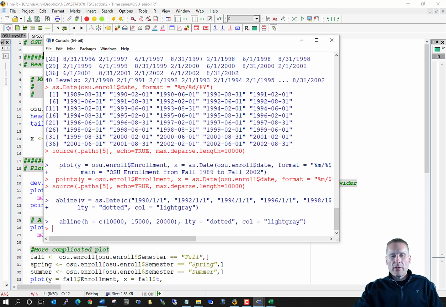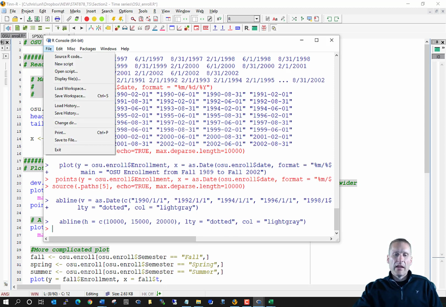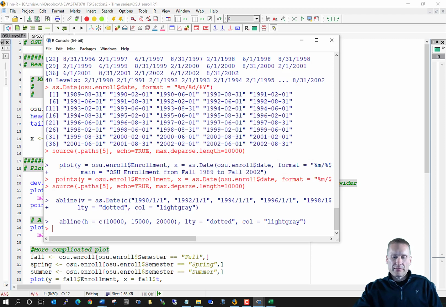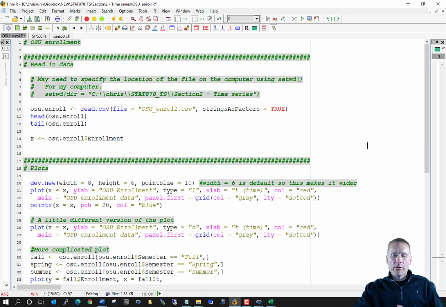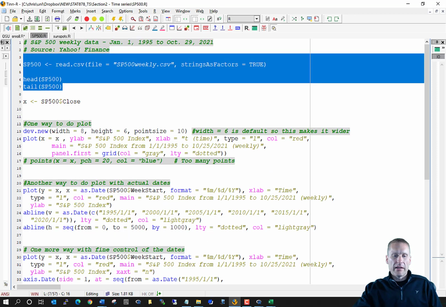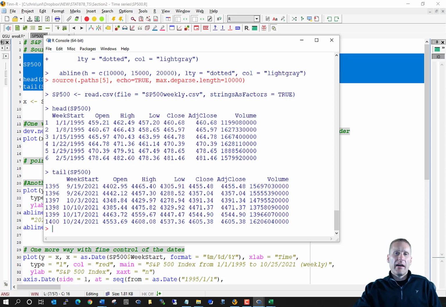Another way to do this in R that I think is useful for you to know is under File, Change Directory, and then you can find the actual location on your computer where that data set is located and specify it there. Now R will be ready to read in the corresponding data. Let's go ahead and do that. I'm going to look at the beginning and the end of my data frame to make sure everything looks okay and it was read in correctly. Indeed it was.